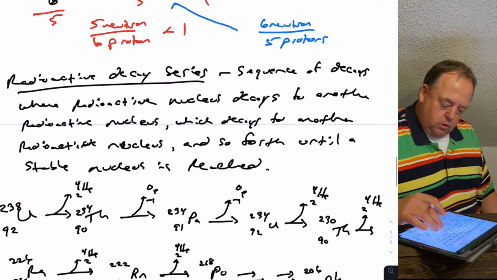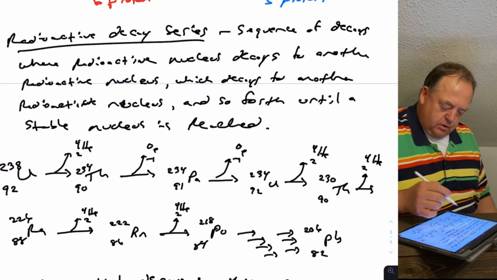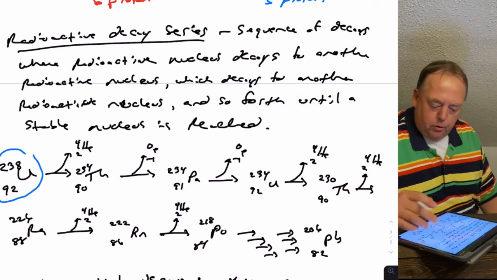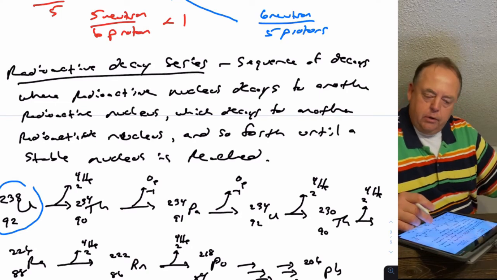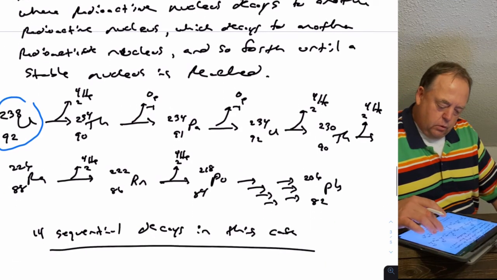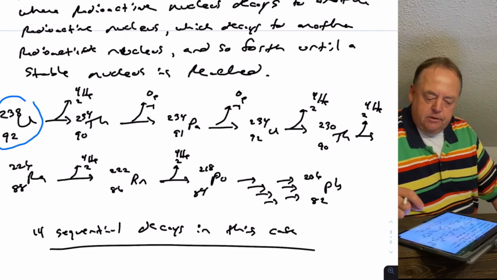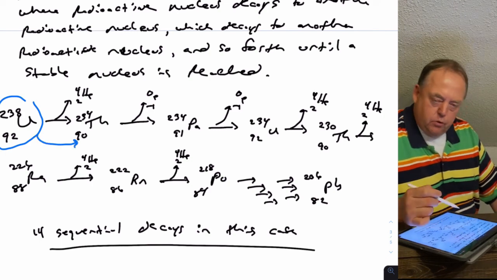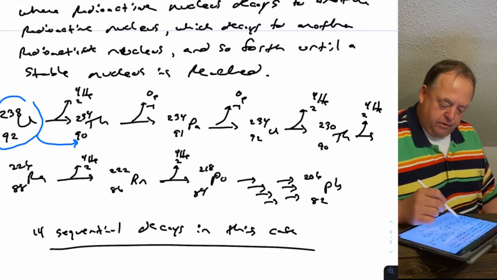Okay, so nuclei that are not stable include large nuclei, something like uranium-238. It has 92 protons, greater than 83, so it's not a stable nucleus and it's going to undergo radioactive decay. Some nuclei undergo a sequence of nuclear decays, where one radioactive element is converted to another radioactive element, in this case thorium-234.